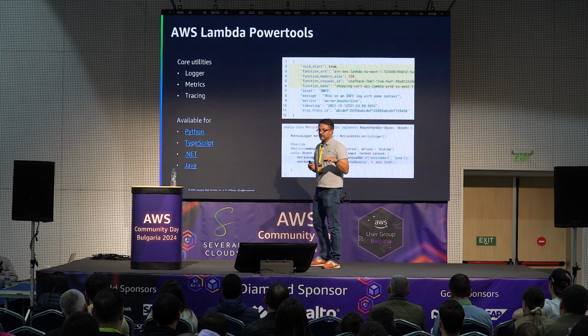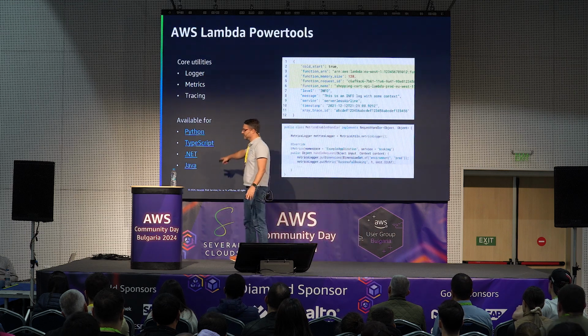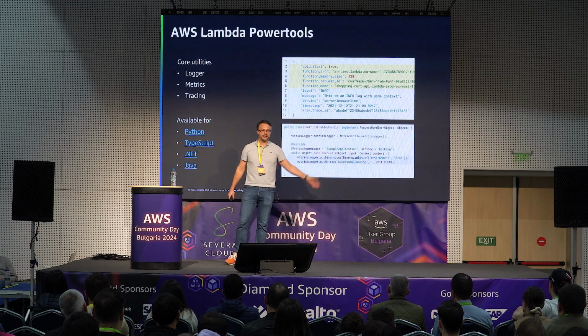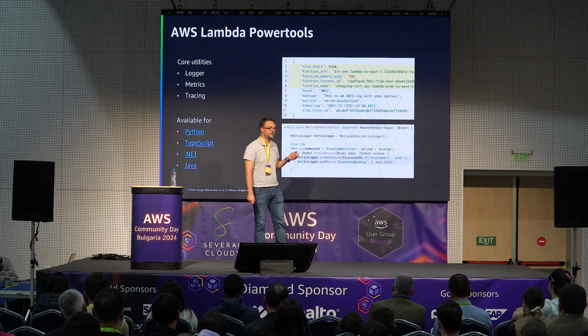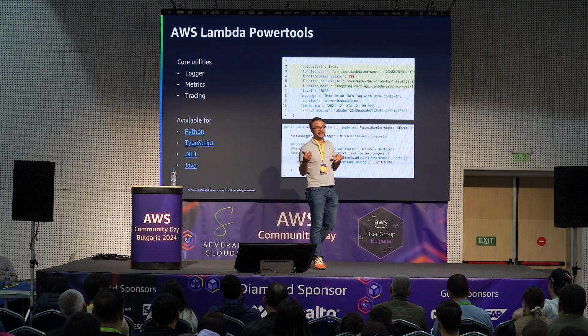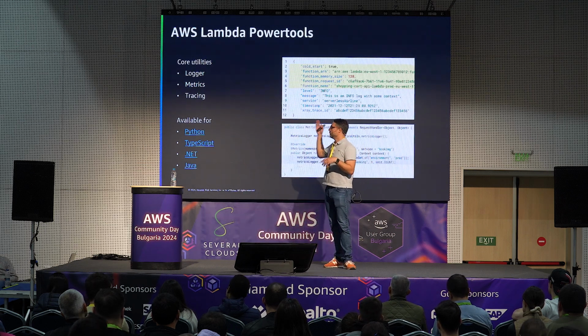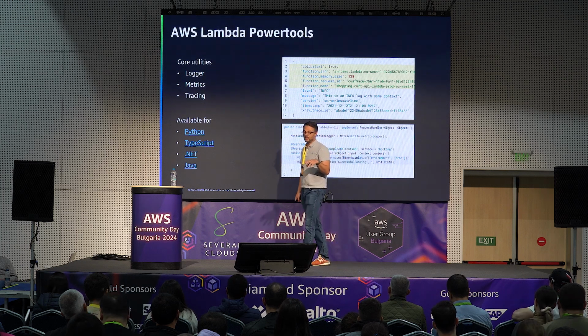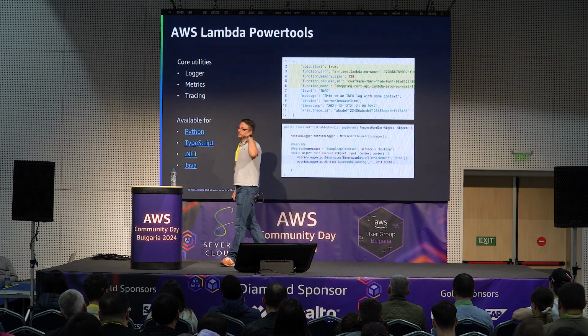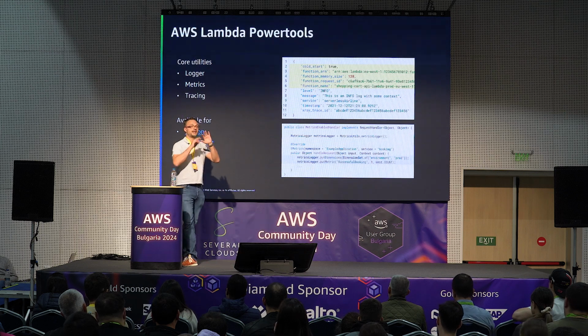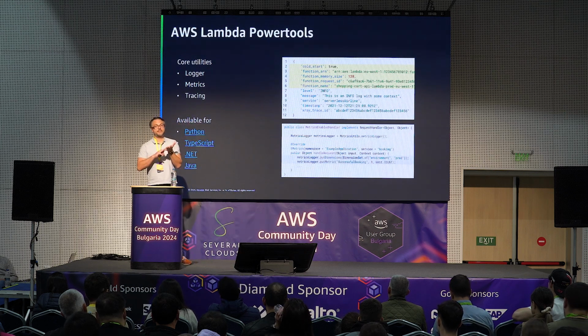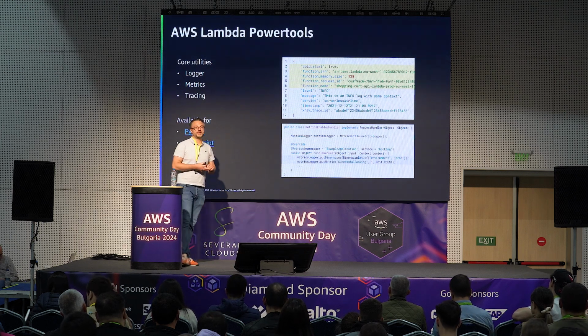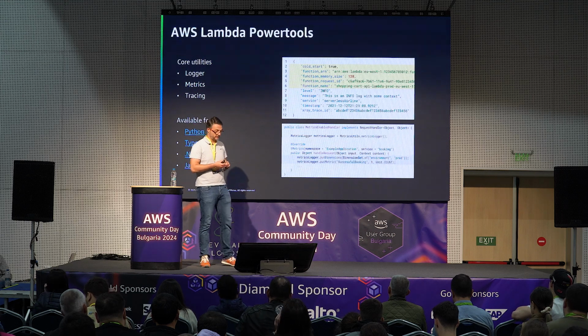It has libraries for different runtimes like Python, TypeScript, Java, and .NET. And it's standardized on how you can produce logs, metrics, and tracing. So you can just import this library and tell it that you want to put some custom metrics, and it will automatically create this EMF format and log all the necessary data to CloudWatch.